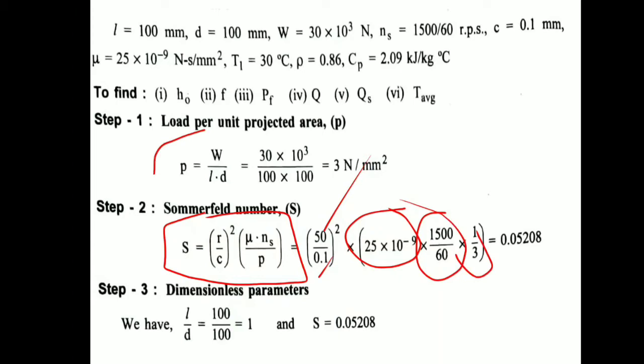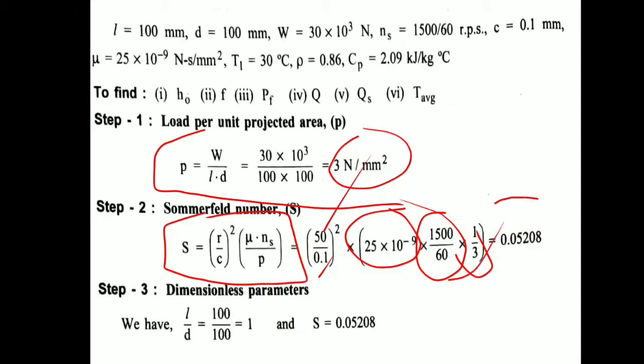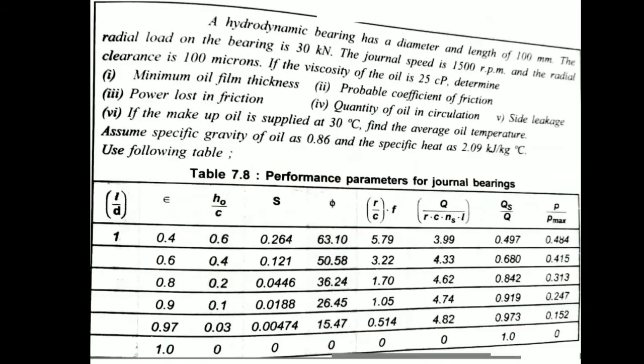The pressure I can calculate as W by L into D. So W is the radial load given, and L into D we know. So the value comes to 3 Newton per mm square. So I put this value here, from which I'll get the Sommerfeld number, that is 0.05208.